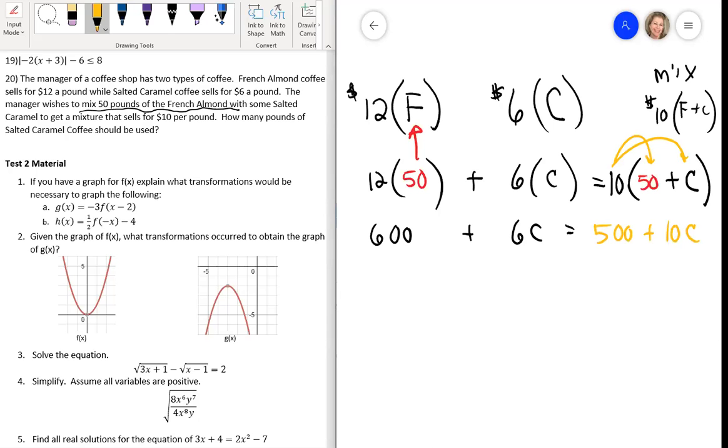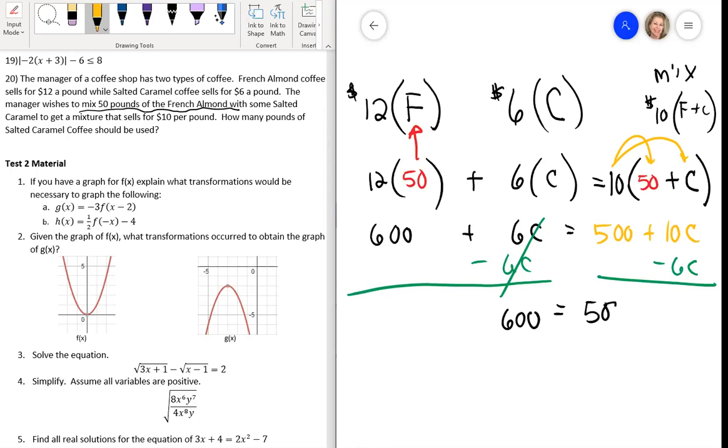And then I'm going to subtract 6C on both sides. So I'll have 600 equals 500 plus 4C. And then I will subtract 500 on both sides, which cancels that.